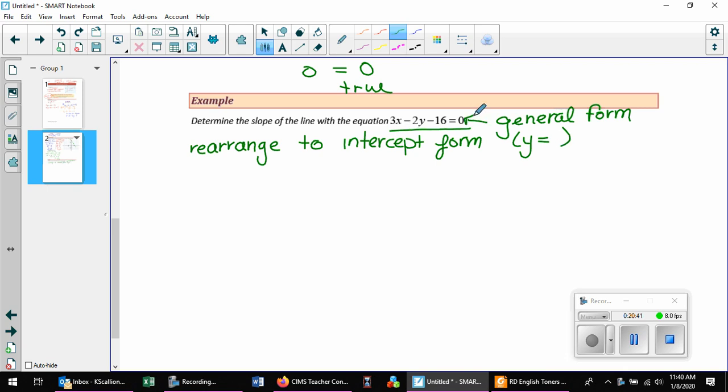So if I want to see the slope, the only way I can do it is rearrange this equation so it's y equals, y on one side, everything else on the other.